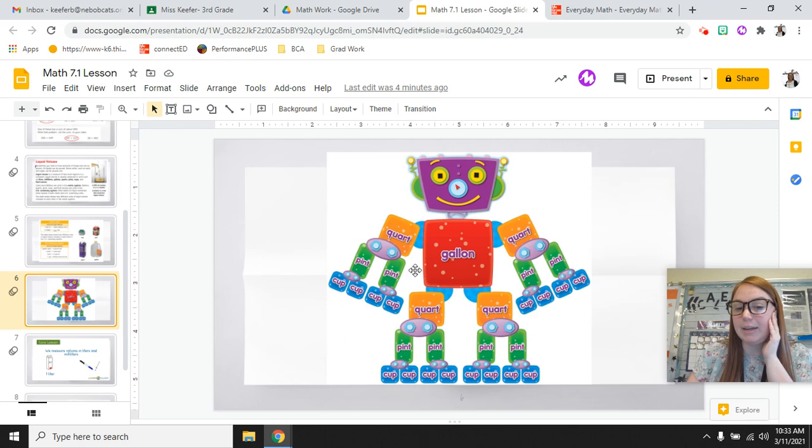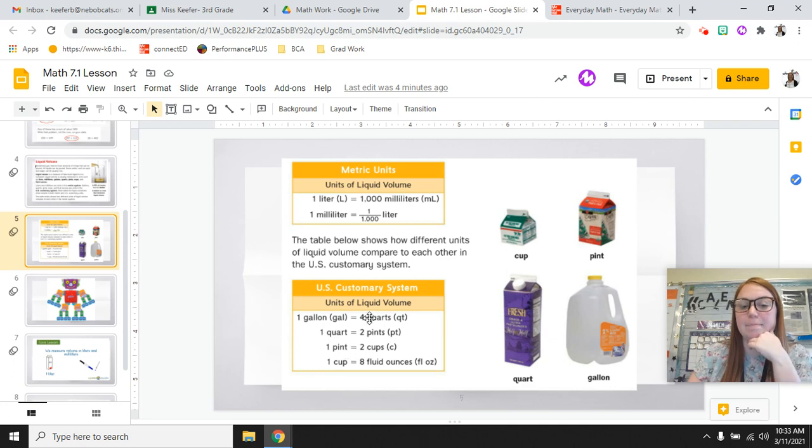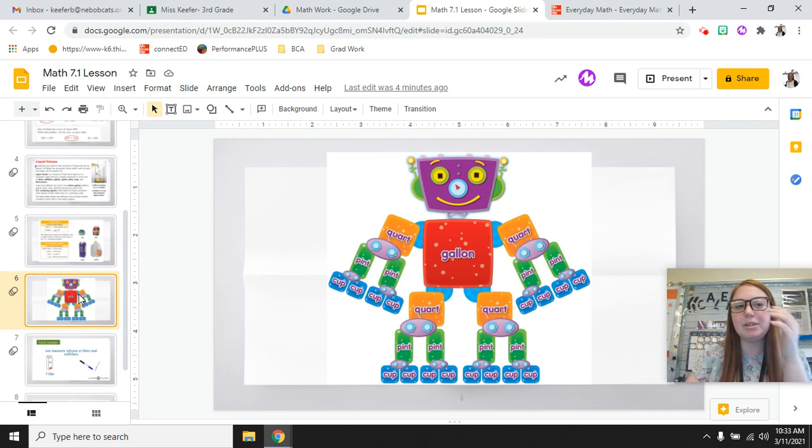A gallon could be 2, 4, 6, 8 pints, which is what it was saying in this breakdown over here. The gallon man is just a trick that people use to remember how many go into each. The gallon is the body, the biggest one. Then the arms and the feet and the legs are the quarts, the pints, and then the cups.